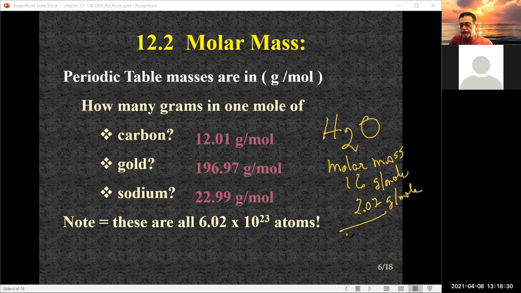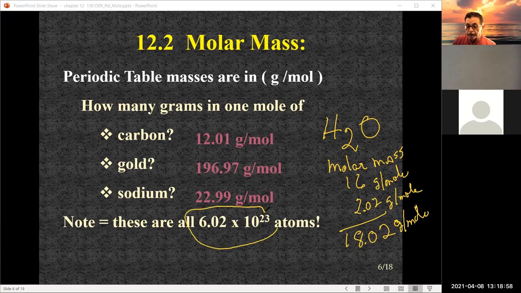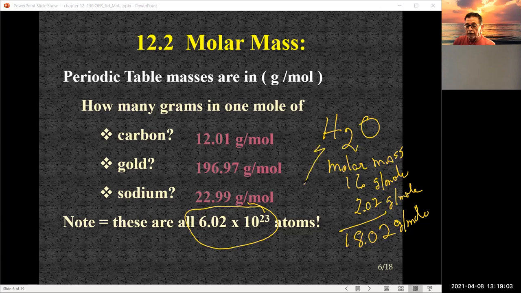That means that water has a total molar mass of 18.02 grams per mole. And so again, like I said earlier, if I weigh out 18.0 grams of water, I have 1 mole. That means I have 6.02 times 10 to the 23rd molecules of water.